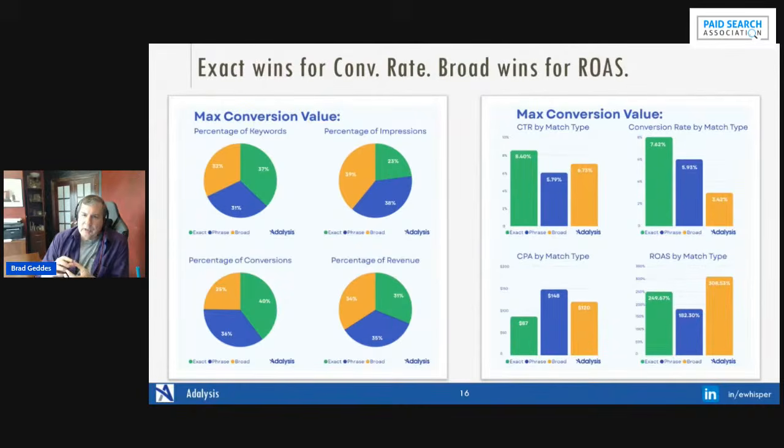So often when you expand, you're expanding with broad match for that cart value in those more shoppers. Again, phrase match is our worst performing one here. So with the max conversion value, we could skip phrase in many cases. Now, again, if you see keywords doing fantastically, you might add them in phrase. I'm not saying never use phrase in these instances, but use it more sparingly and don't be afraid to use more broad match.